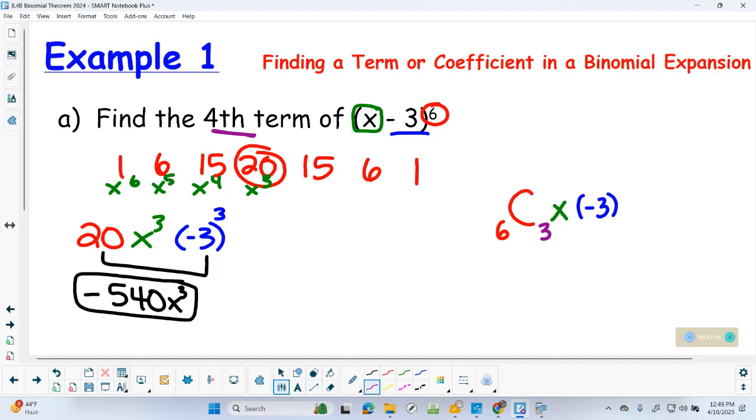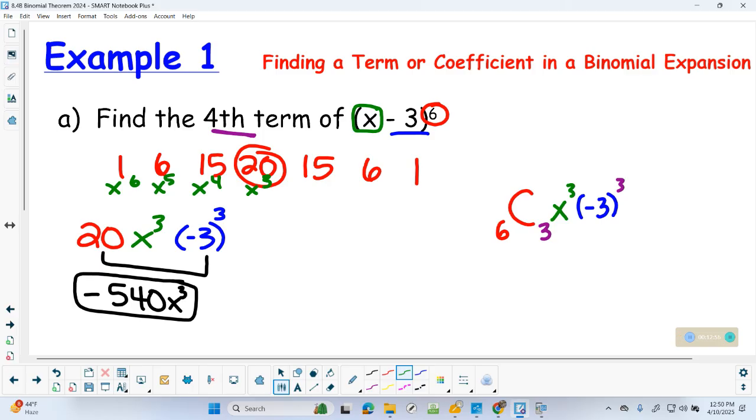Easy, easy peasy. This is just the pattern how it works. The second subscript always matches the second exponent. So I just copy it on there, okay? And then, of course, these have to add to our expansion exponent of 6. If you type that in your calculator, you get the exact same thing, okay? That's how you want to do it. And again, this 3, it's always 1 less than the term you have to find. So 4th term, took 1 off, 3. That's how I got it.